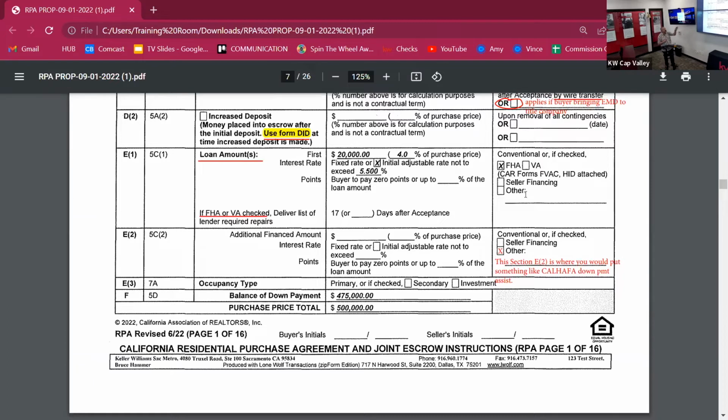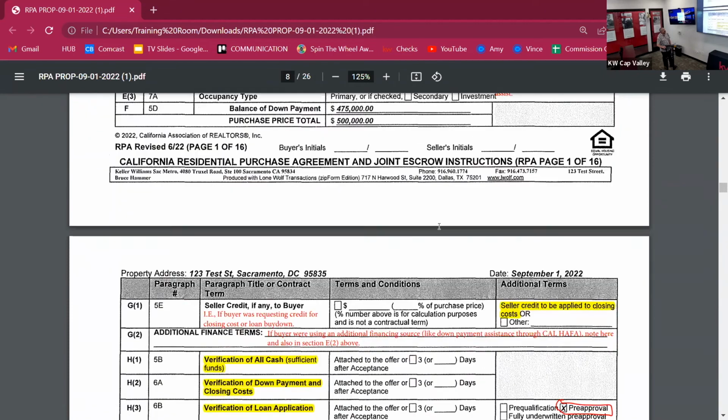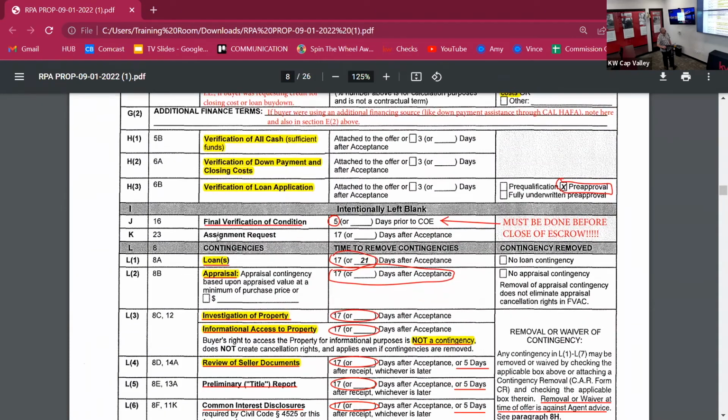But essentially, if it's an FHA or a VA buyer, federal law states that the buyer cannot be made responsible to go through with the purchase if the property doesn't appraise. So for an FHA and VA buyer, we'll take that one step further. Let's just say that the buyer filled out this contract, went over his contingencies, and checked no loan contingency, no appraisal contingency.